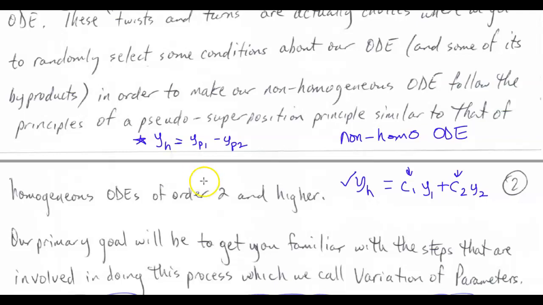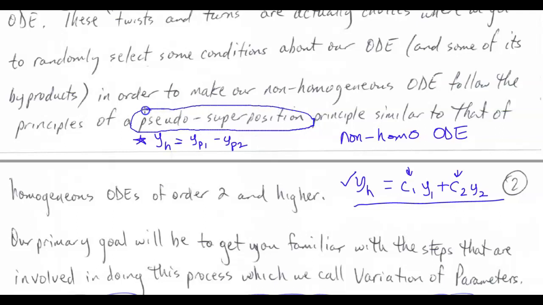It's for that reason that it can't follow superposition like this. And so this is why I'm calling this pseudo superposition. Again, we'll see what that actually looks like a little bit later, when we come up with a way to interpret what our solutions for these types of equations should look like.